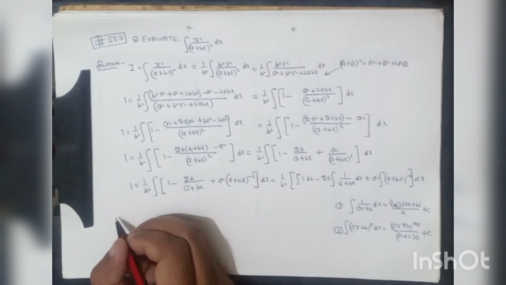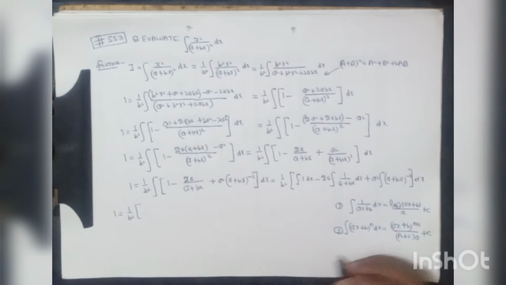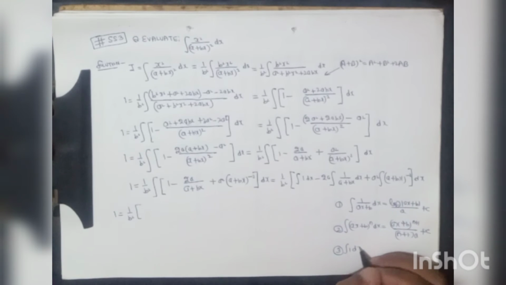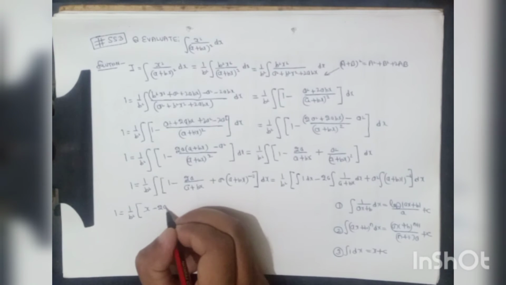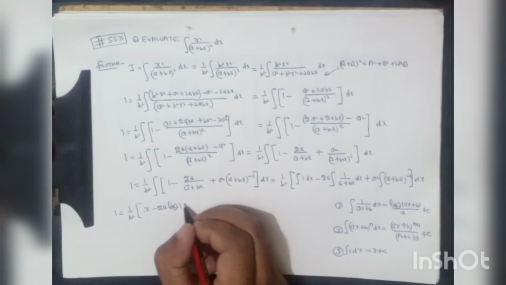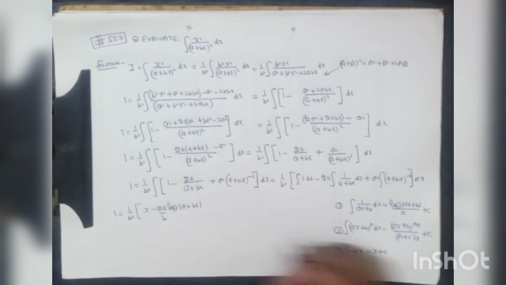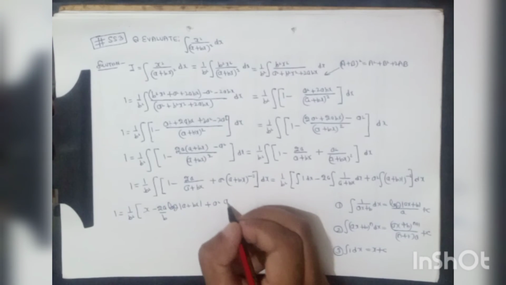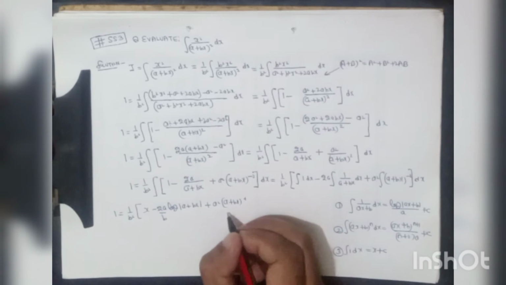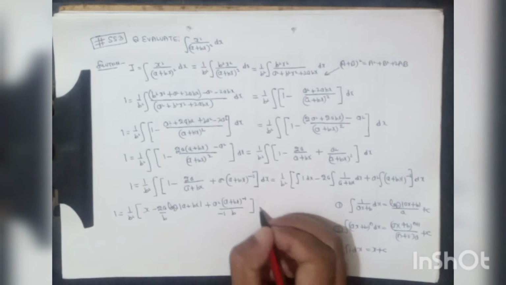So I will be 1 upon b square. We also know integration of 1 dx is equal to x plus c. So it will be x minus 2a log mod (a plus bx) divided by b, by using this formula, plus a square into (a plus bx) to the power minus 1 divided by minus 1 into b, plus c.